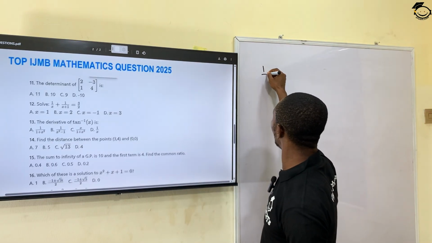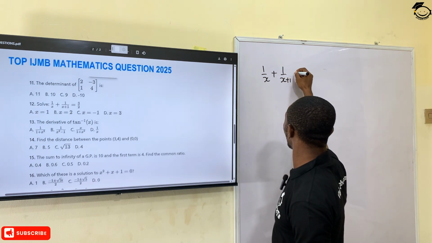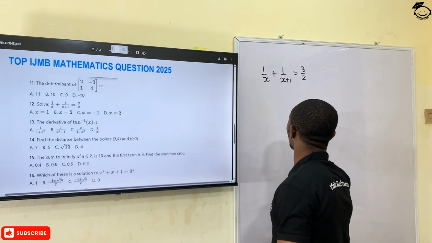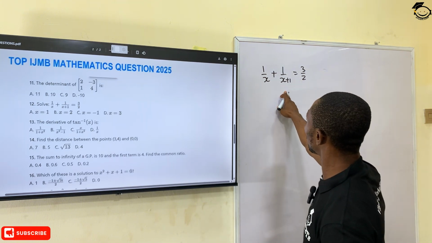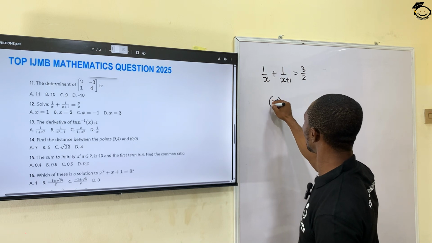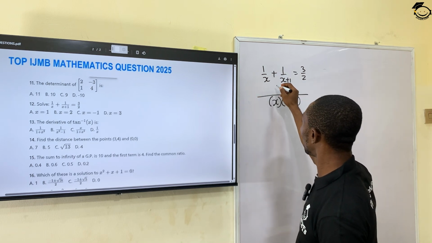Solve 1 over x plus 1 over x plus 1 equals 3 over 2. Now in solving for this, we'll first of all find the LCM of these two terms. This becomes x times x plus 1 all over.